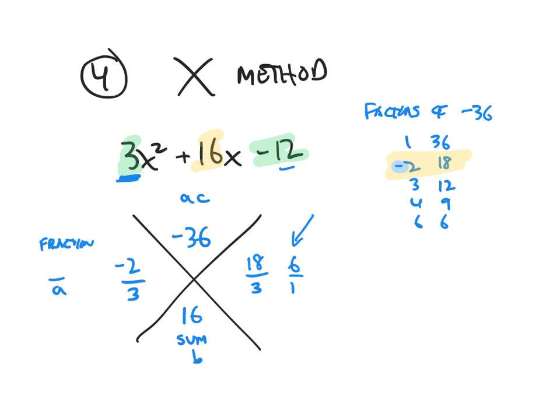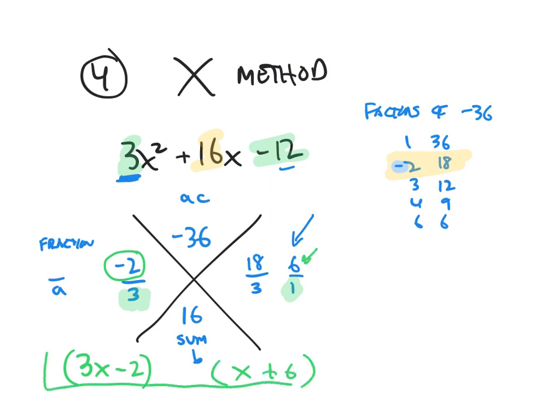But now here's where the magic comes in. We write our final fractions as what the YouTube guy calls bottoms up. So this is 3x minus 2, that's that factor, and this factor is 1x plus 6, where the 6 is the numerator.